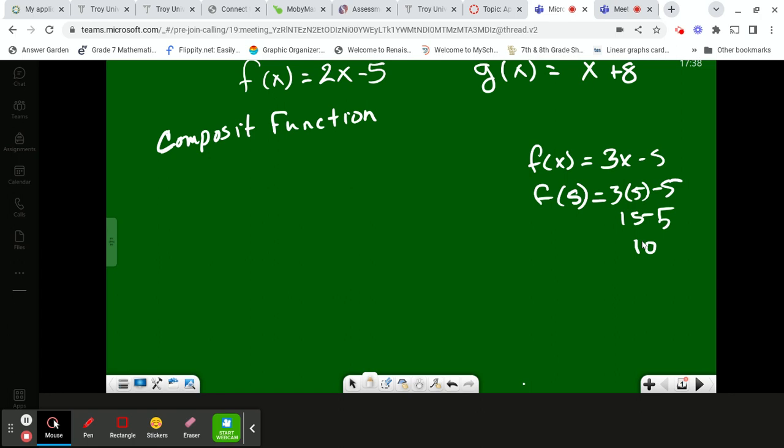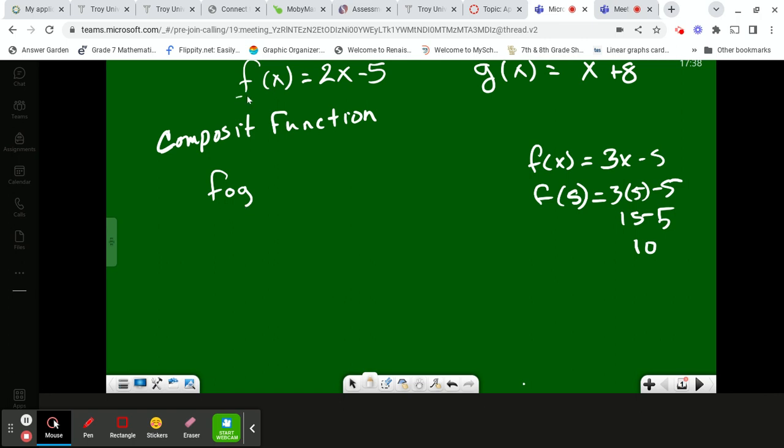Okay, well, we're going to be doing the same thing, composite functions, but now I'm going to be putting one function inside of another. Instead of just a number or a variable, we're going to be putting a whole function, okay? The notation for that is f of g.